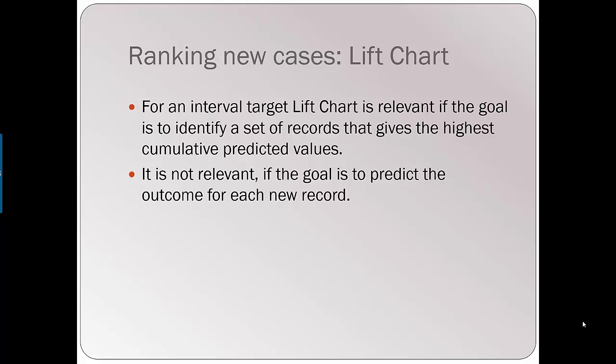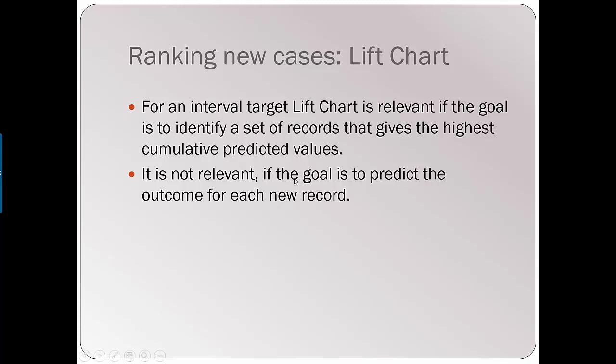In such an instance, the actual prediction y hat is not that interesting, but the rank ordering is of interest. In such a case, a lift chart is what is normally generated. If individual prediction is what is important to you, then a lift chart is not of much use.